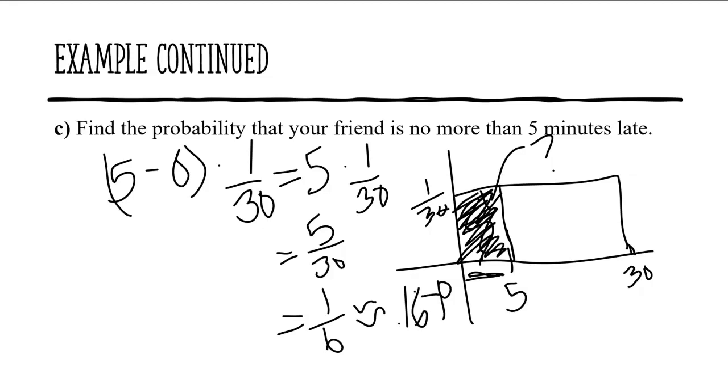If you round to 3 decimal places, it's 0.16666 repeating, but 0.167 rounded, which means there's about a 16.7% chance that the friend will be no more than 5 minutes late.